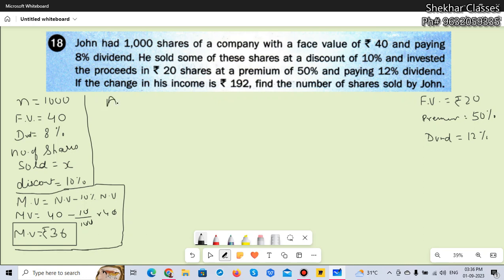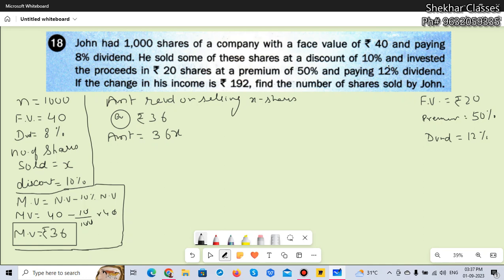The amount received on selling X number of shares at 36 rupees. One share has 36 rupees, so X shares will have 36x.